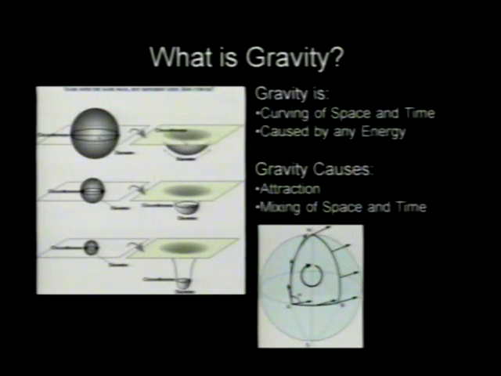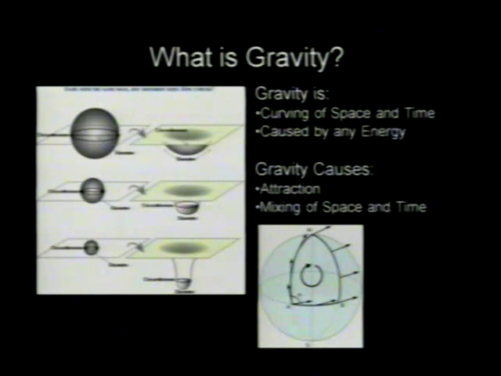But eventually, once you reach the North Pole, you've intersected. In so-called Euclidean geometry, parallel lines will never intersect. But when the surface is curved, you intersect. That's all gravity is. Einstein says that gravity is just the curving of space and time.